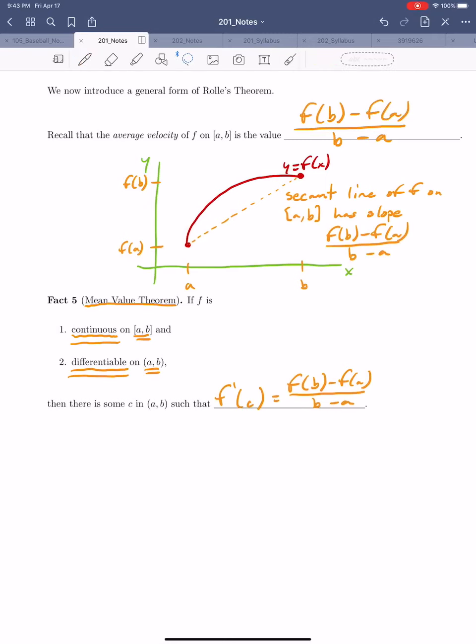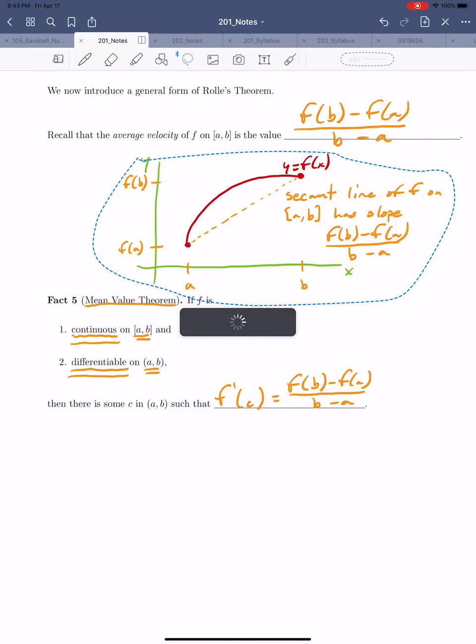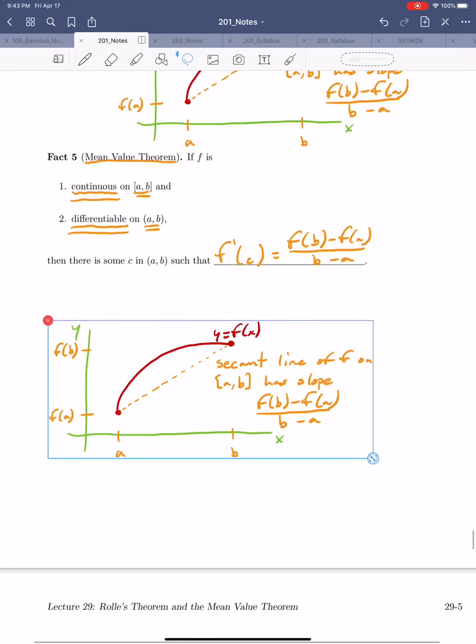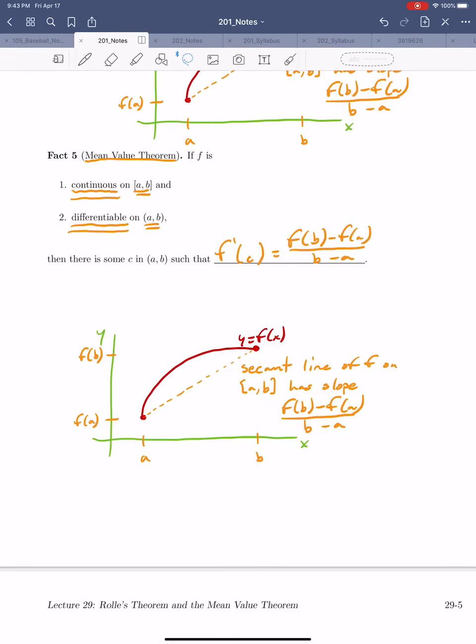So what this is saying, if we copy this picture right here, is that somewhere, at some point c, it looks like it might be around there or so, roughly, the tangent line to the function f of x is parallel to the secant line of f.